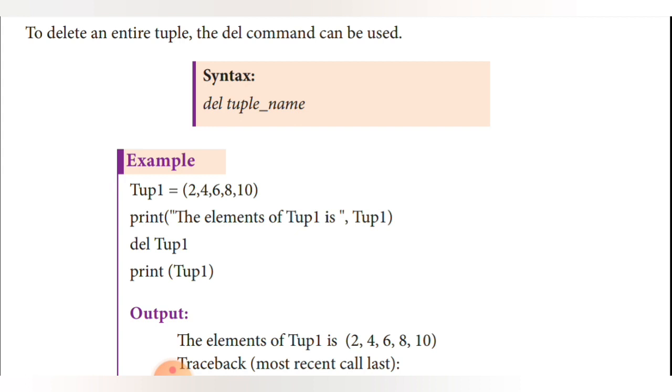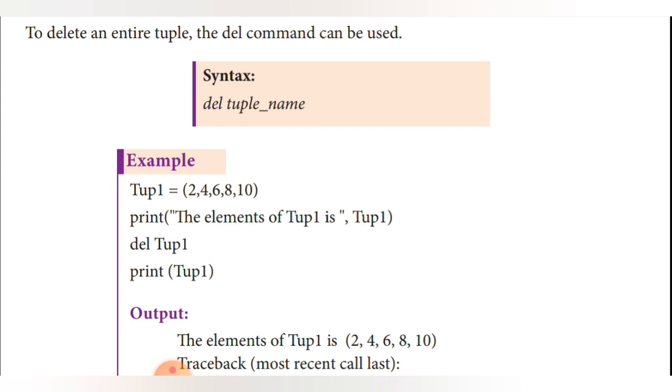What is given within the double quotes is considered string data and is displayed on the monitor. Then comma tup1, the variable name, here a tuple name. If you give the name of the variable alone, it shows the value stored in that variable, so it shows the elements present in the tuple: 2, 4, 6, 8, 10.